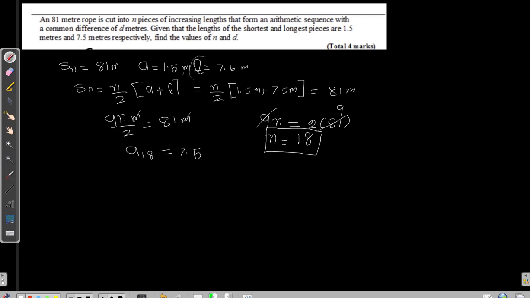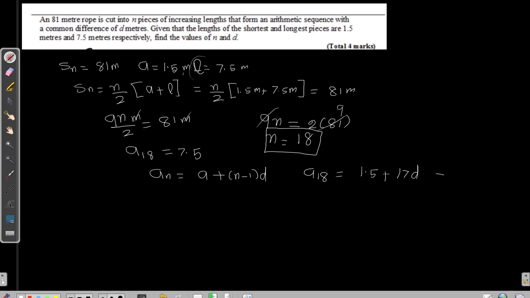So what you do is use the formula for the nth term. The formula for the nth term is a_n equal to a plus n minus 1 times d. So in this case, a_18 equal to a, that is 1.5, plus n minus 1, where n is 18, so 18 minus 1, 17d.